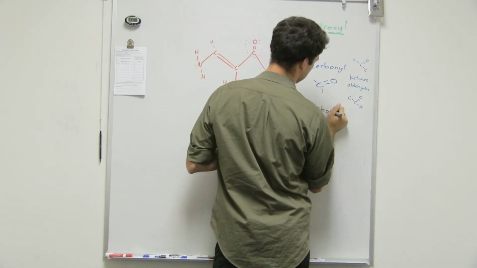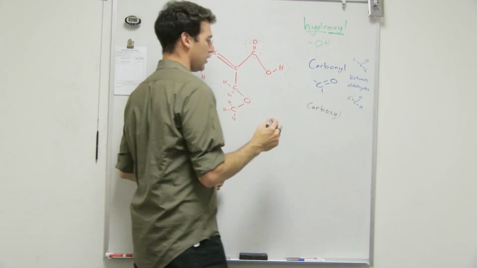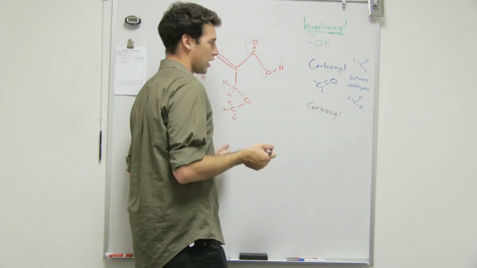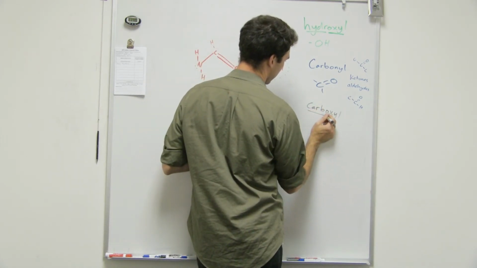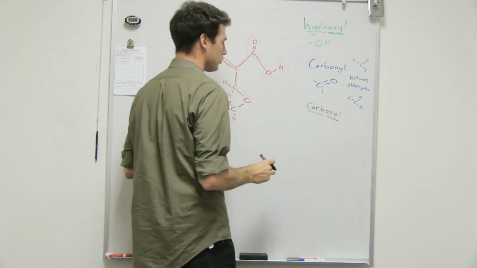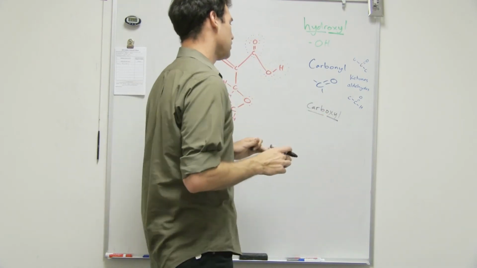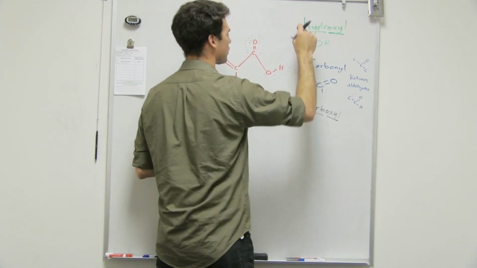Okay, so carboxyl. Now here, it's kind of a little trick. We see the carbon and then the oxyl. So we have a double bond on the carbon and then... What this actually means is that this guy is a combination of a hydroxyl plus a carbonyl.